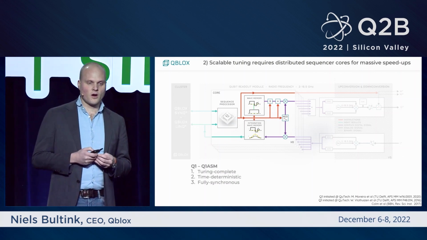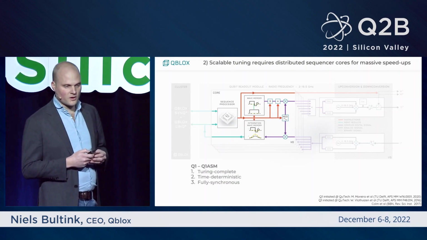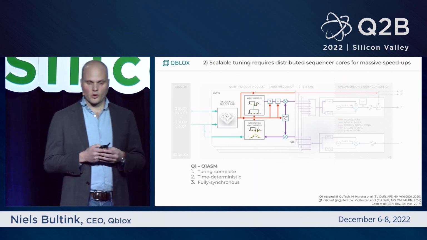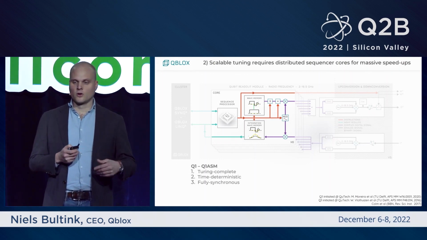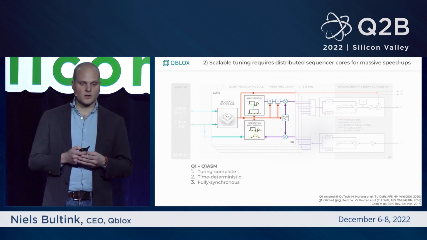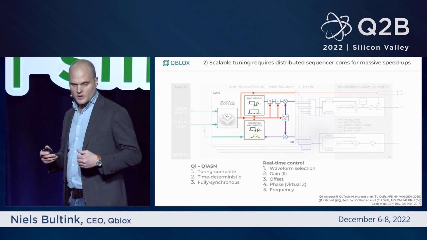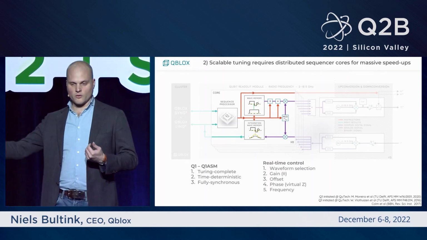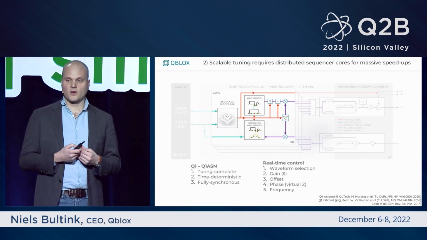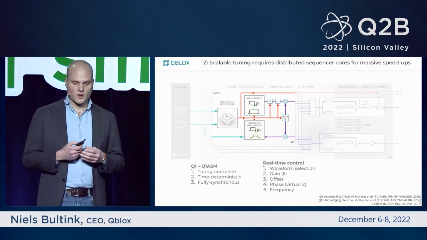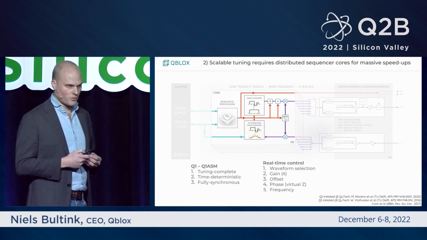And where our architecture pushes the envelope is in the fact that there are these Turing-complete processors, many of them running at the same time, that can do logical operations like adding or jumping, if statements, and that also connect to a bunch of pulse shaping methods that can all happen at the nanosecond time scale. And the combination of these two aspects is very powerful for tuning up quantum devices.